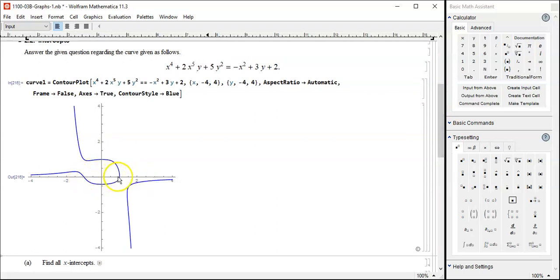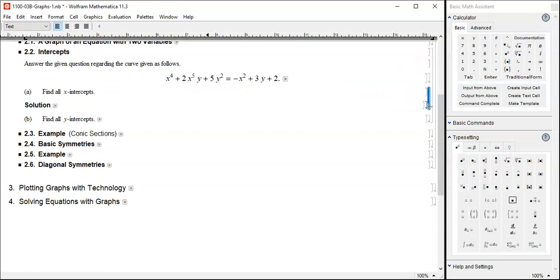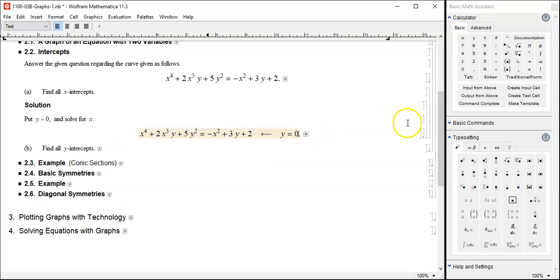These 2 points are right on the x-axis, which means the vertical distance is 0 from the x-axis, never goes up or down. So y-coordinate is 0. So that's the idea. To find the x-intercept, plug in y equal to 0, and you're looking for the x value from there.